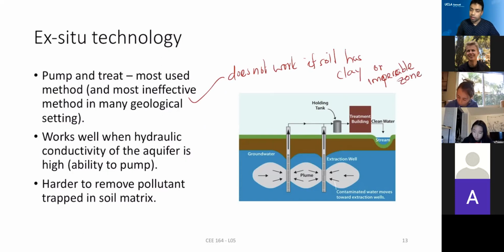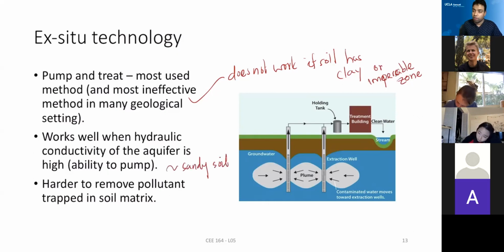That means any pollutants that are trapped inside those impermeable zones are going to be harder to extract. So that means it works well when the hydraulic conductivity of the aquifer is high. That means if the soil is sand.